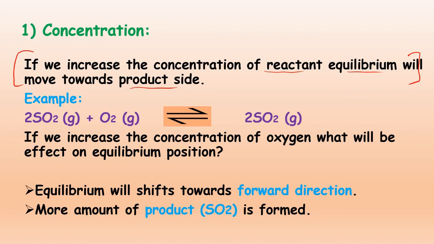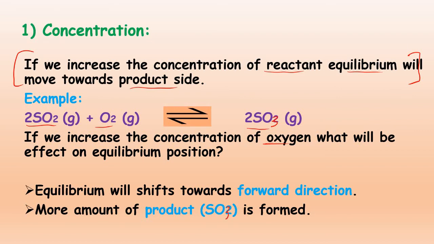Suppose this is the example where sulfur dioxide is reacting with oxygen and it will produce sulfur trioxide.